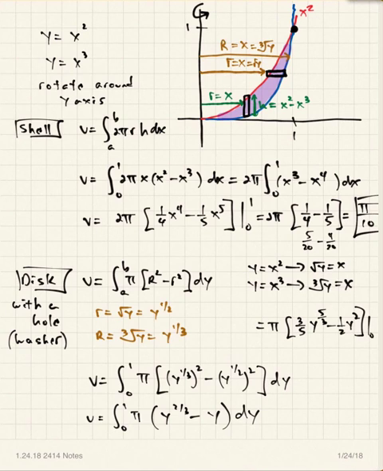And that would be from 0 to 1. Luckily, that's simple. And so that just ends up giving you 3/5 minus 1/2. Those are both tenths. And you end up with, what do you end up with? 6/10 minus 5/10, or 1/10. So you end up with pi over 10 that way also.